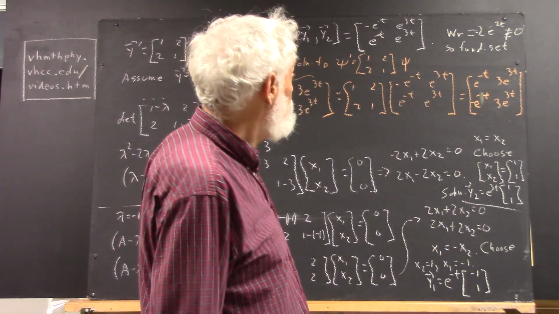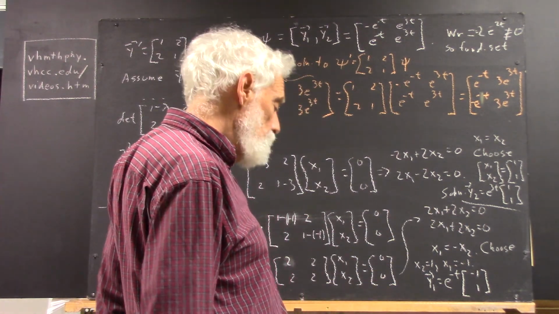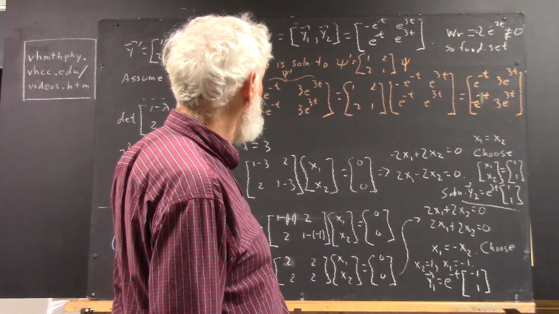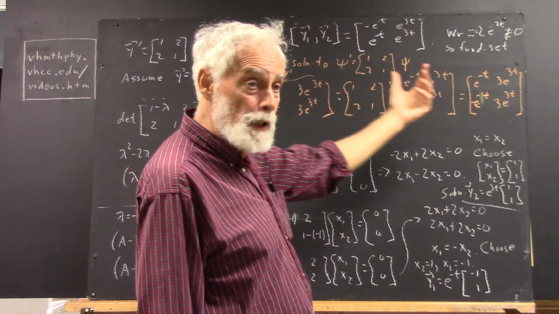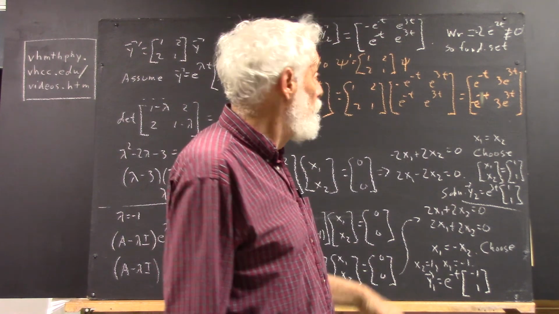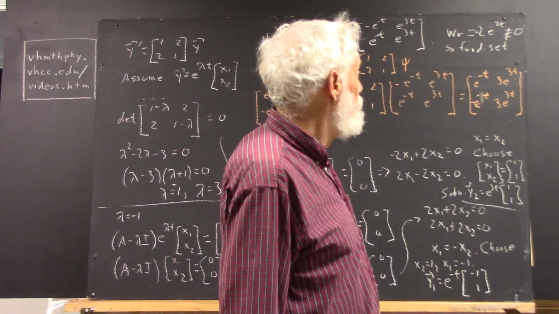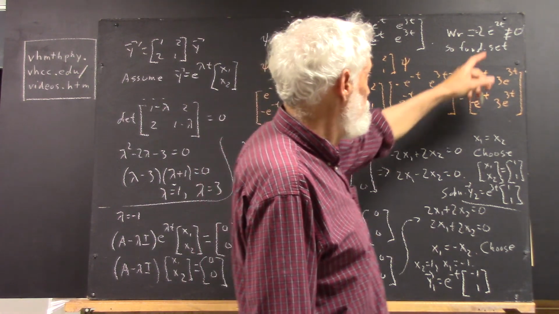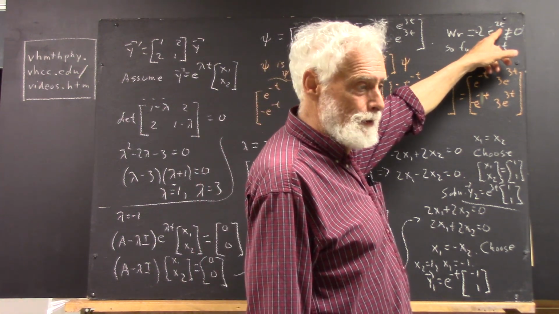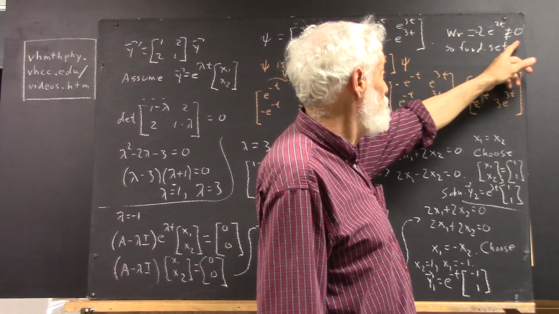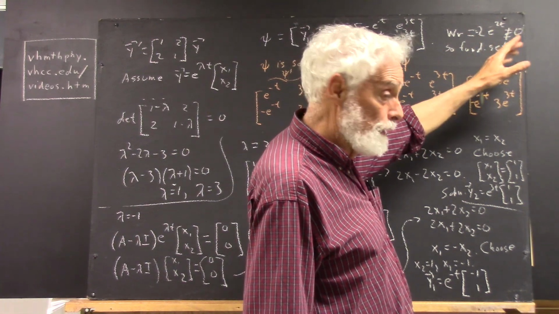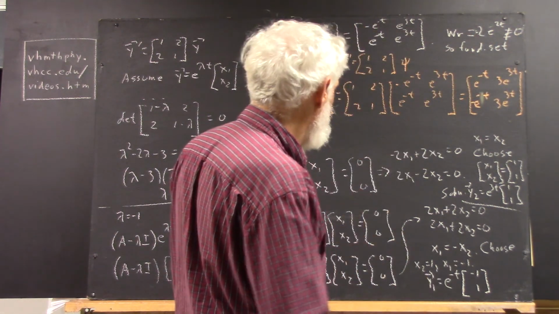It's a definition. And that's ensured if the Wronskian of this is not 0. So we calculate the Wronskian very easily. It's -2e to the 2t. And since the exponential can't ever be 0, this is never 0. Not only is it not identically 0, it's never 0.